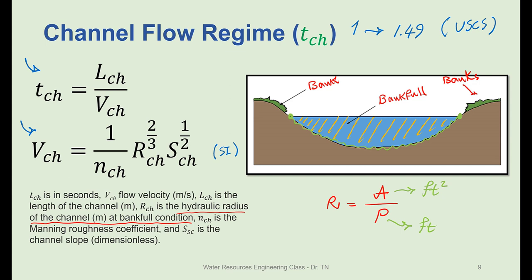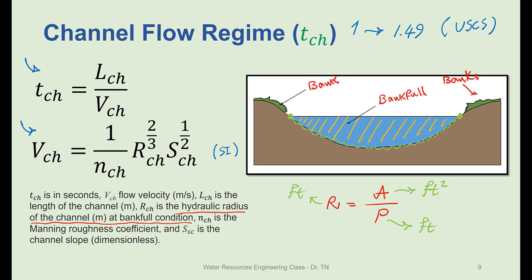Okay, so the unit for hydraulic radius would be units of length. This is how you calculate hydraulic radius, and S sub CH is the slope of the channel. Using all this information, you can calculate time for channel flow.